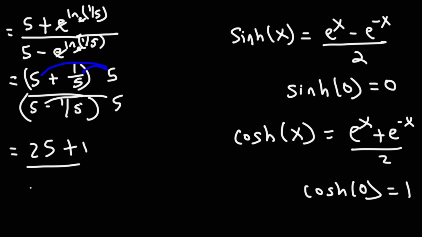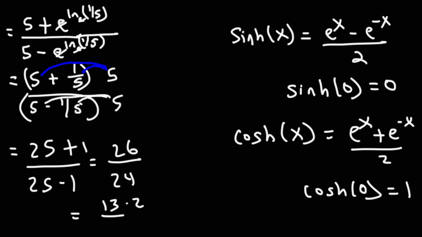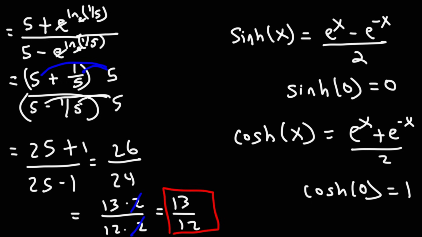Here we have 25, and 5 times negative 1/5, that's going to be negative 1. 25 plus 1 is 26, 25 minus 1 is 24. 26 is 13 times 2, 24 is 12 times 2. So we can cross out a 2, and this is going to be 13 over 12. So that is the value of hyperbolic cotangent of natural log of 5. It's 13 over 12.